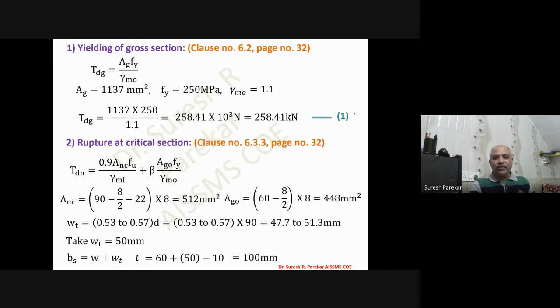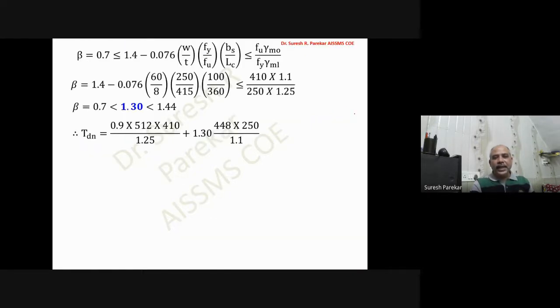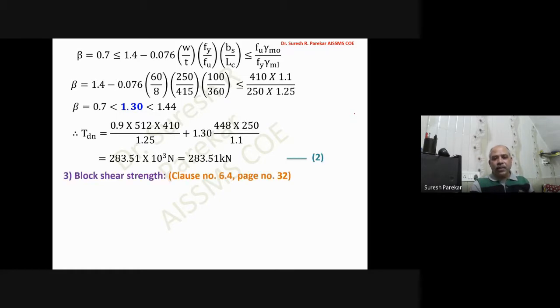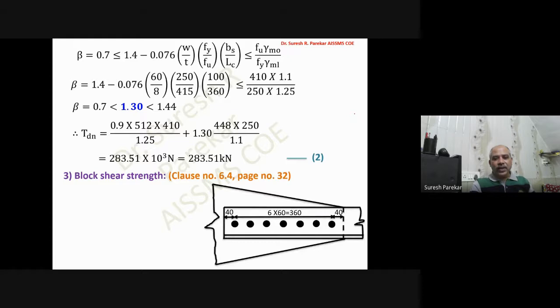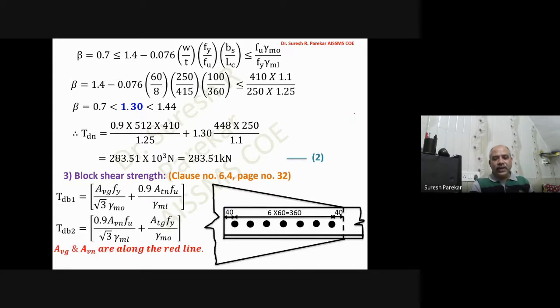TDG we have 258, then TDN we have 283.51 kilonewton. And third, we have block shear strength, and we are going to get this block shear strength, that is TDB1 and TDB2. If we calculate this, then we have AVG, AVN along the red line, and ATG, ATN along this blue line.